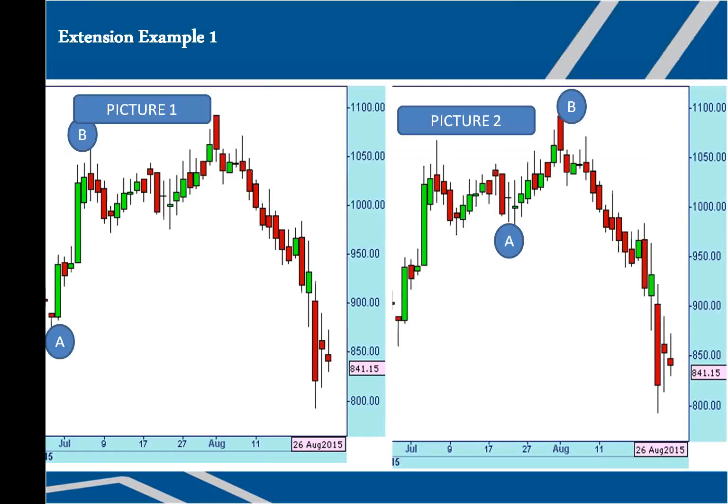Okay, let's move on now. What is an extension? Extension again belongs to the golden ratio of contraction, and here we use 2 points. So can you all tell me which is the right picture? Picture 1 or picture 2?